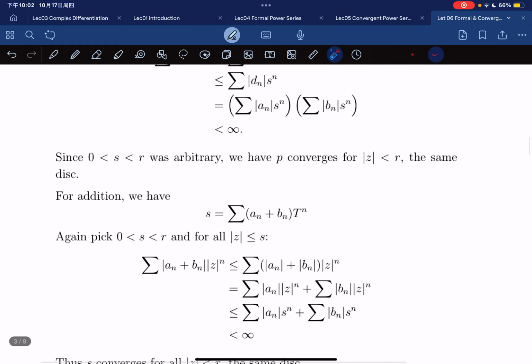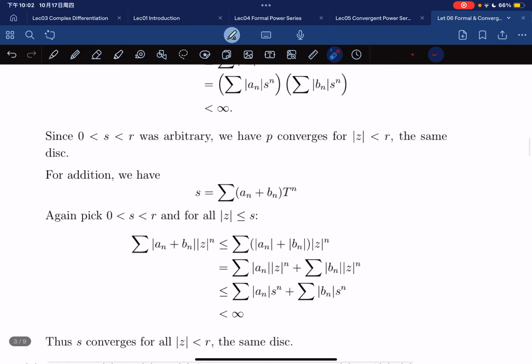For addition it is even easier. We simply use the triangle inequality, and then we can split, because each series converges, so each limit exists. And because the norm of z is less than or equal to s, we have this.